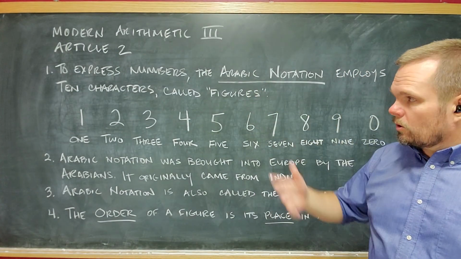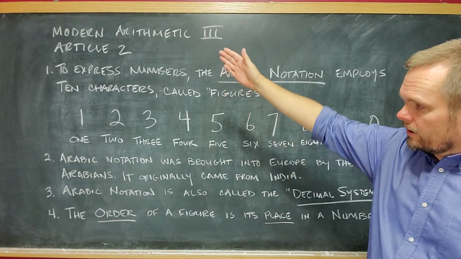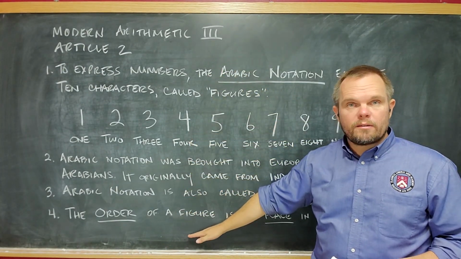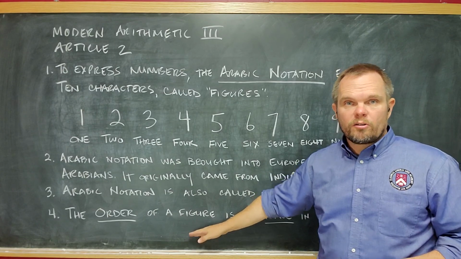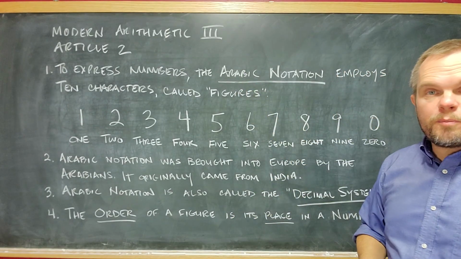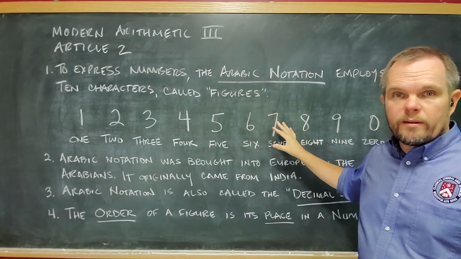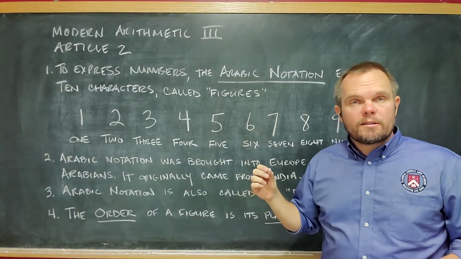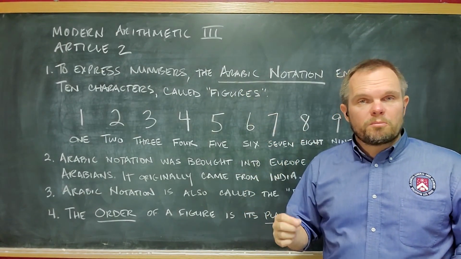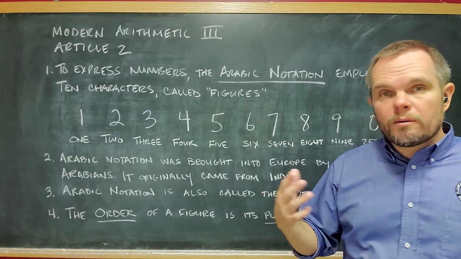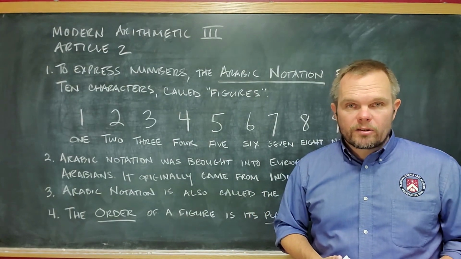Okay, so let's go ahead and get started. You can see that there are 4 points to be studied in this article, and while they're pretty simple and you may be familiar with these things, we want to study them carefully because being familiar with them or knowing about them a little bit is not good enough.